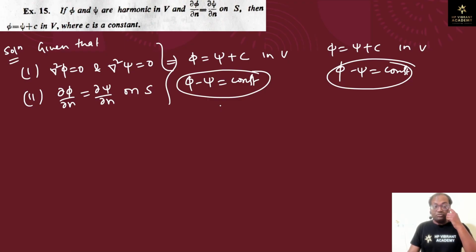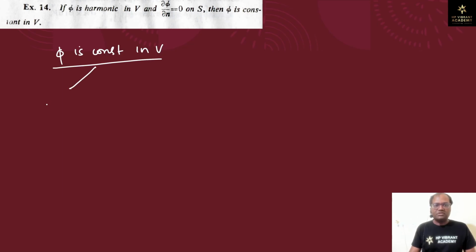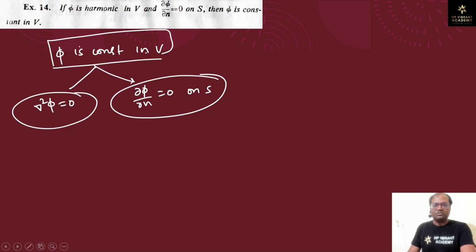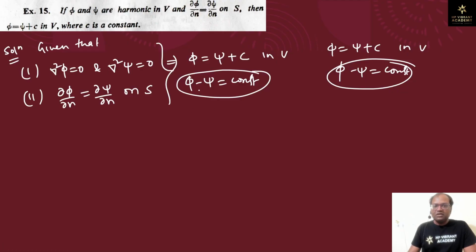Okay, so let us go back to question number 14. We have seen that for proving phi is constant in V, two conditions are required. First one is phi must be harmonic in V, that is del square phi is equal to 0, and second one is del phi upon del n is equal to 0 on S. So if two conditions are satisfied, then we can say that phi is constant in V. Similarly, we have to prove that phi minus psi is equal to constant.